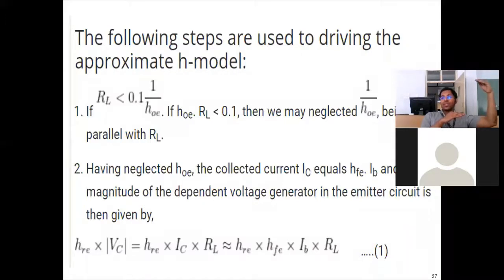So the condition is, if one resistance is sufficiently large compared to the other, then I can approximate that the entire current coming into the parallel branch flows through the small resistance. It means I can ignore the current flowing through the larger resistance, as if it is not connected in the circuit.